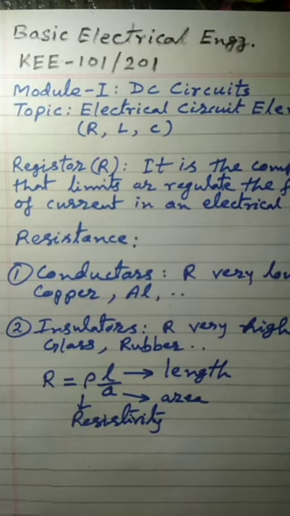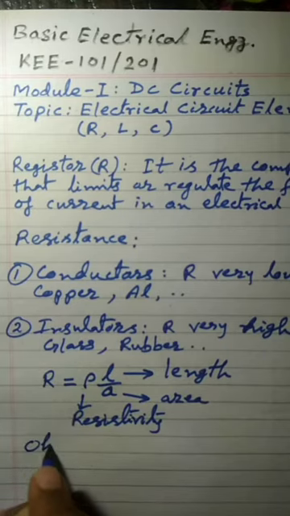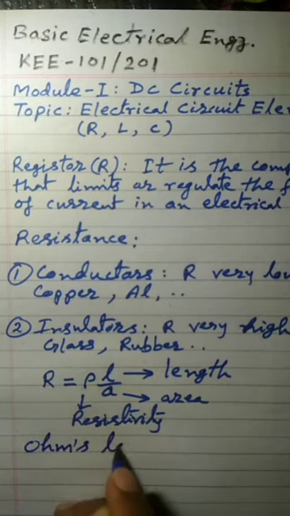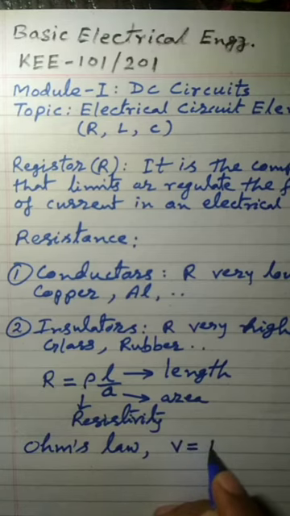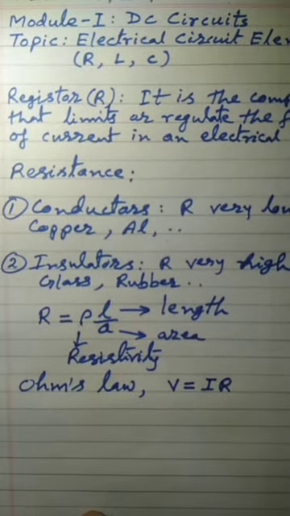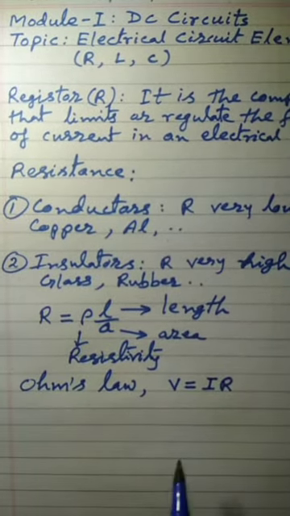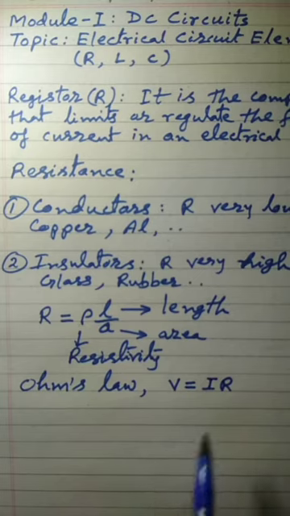The resistor has the same property for both AC as well as DC circuits, and this property can be explained by a law called Ohm's law. As per Ohm's law, V is equal to I into R, where V is the supply voltage, I is the current flowing through the circuit, and R is the resistance.